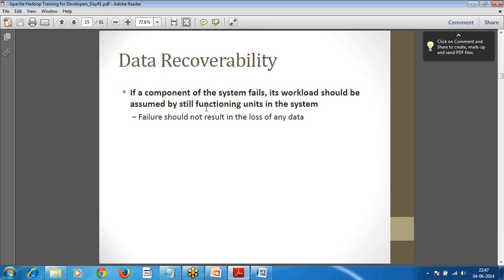Data integrity and data sanity are very important aspects when we talk about big data technology. This aspect was also missing in the existing distributed systems.